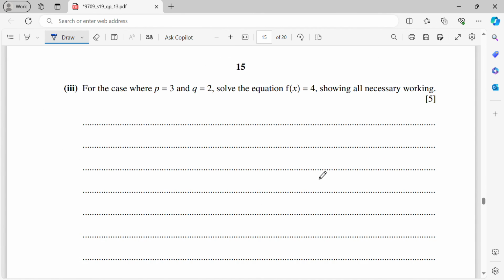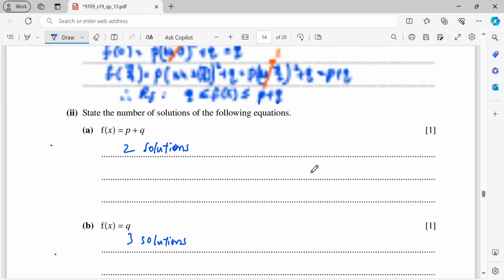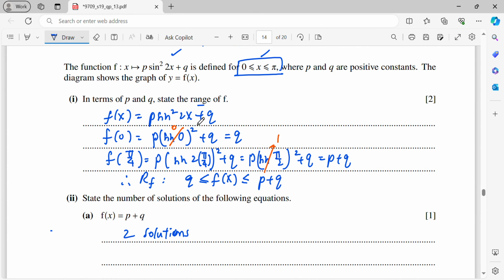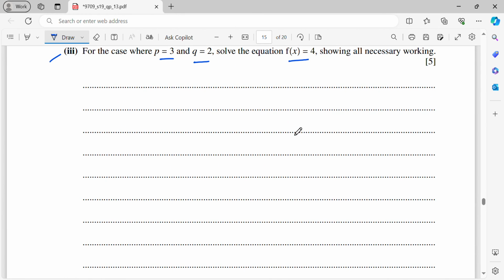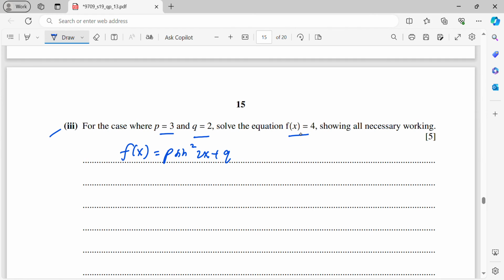Alright, so now next part, for the case where p equals 3 and q equals 2, solve the equation f(x) = 4, show all necessary working. So now I will need to write down my f(x) first, p sin²(2x) + q.